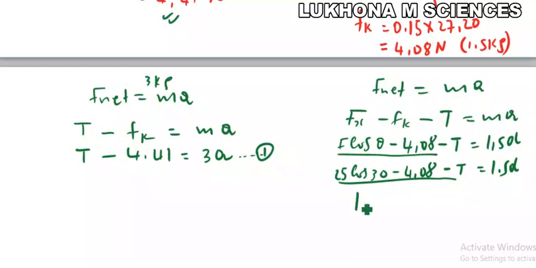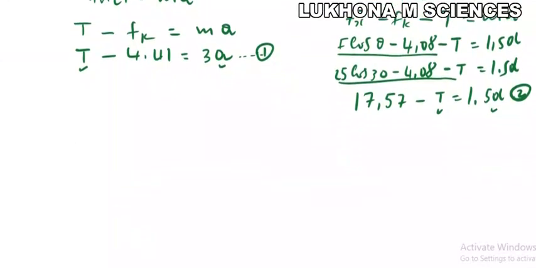Then here we get 17,57 minus tension, which is equal to 1,5a. That is equation number 2. We have two unknowns here, tension and acceleration, which means we can solve them simultaneously.